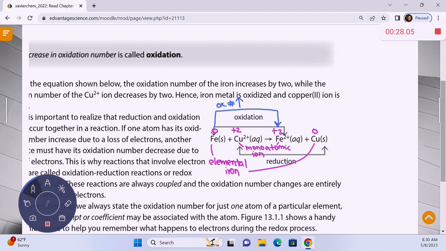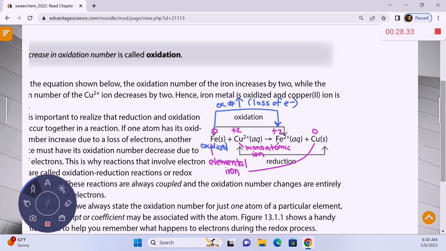That means we are losing electrons because you're losing negative charge. Does that make sense? When you lose electrons, your charge goes up. So if there's a loss of electrons, that means oxidation is occurring. So that means this Fe solid is oxidized. And that happens when the oxidation number increases.